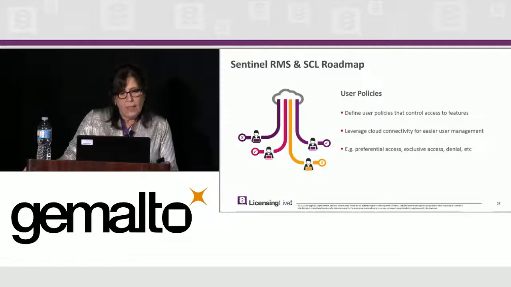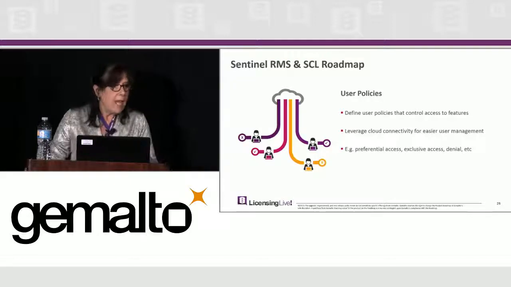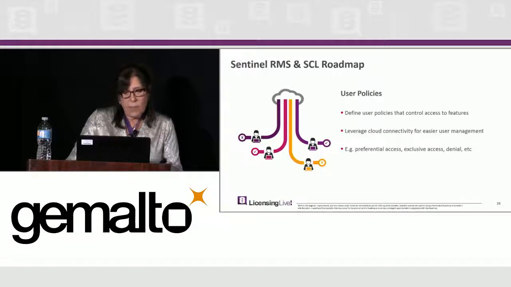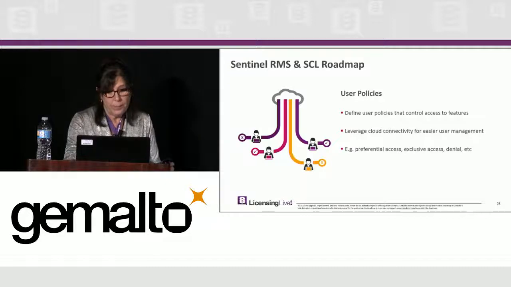So just as an example, think of a case where you want to ensure that a group of users in China should not be able to access licenses on a server in North America. This feature will enable defining these types of policies.